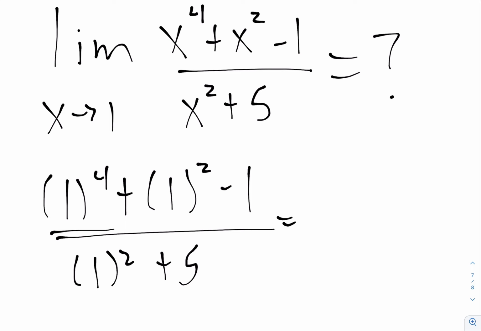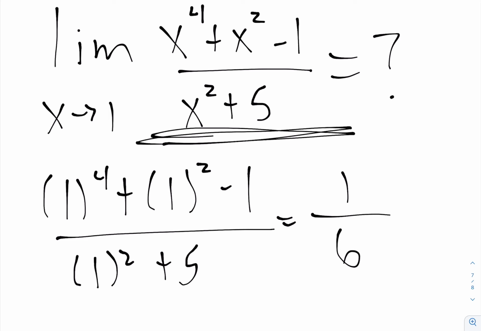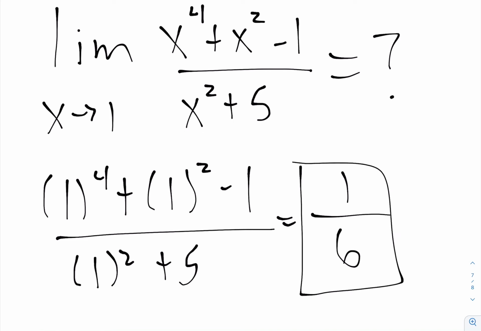So 1 to the 4th is 1, plus 1 squared is 2, minus 1 is 1, over 1 squared plus 5, so that's 1/6. If we were to graph this function, as we get closer and closer to x equals 1 from the left and from the right, the function's value would approach 1/6. So that's about 0.17.